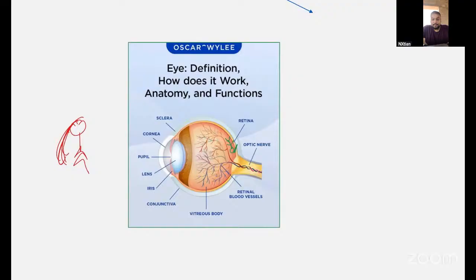I can't see anything. You got my point? So the image should be on the retina. Did you understand? Now with this, write defects of the eye.